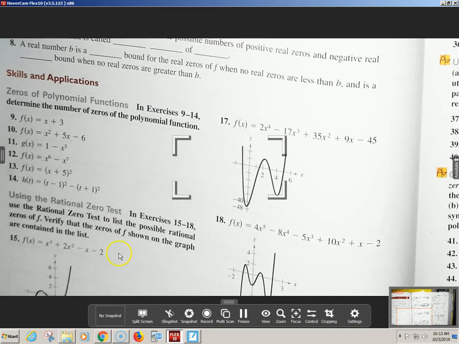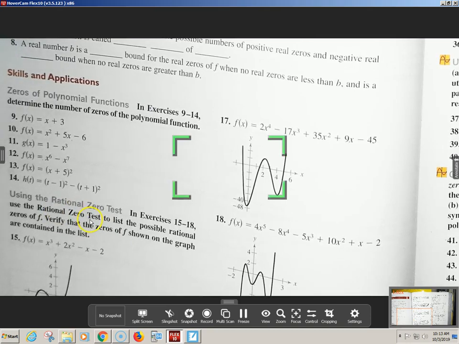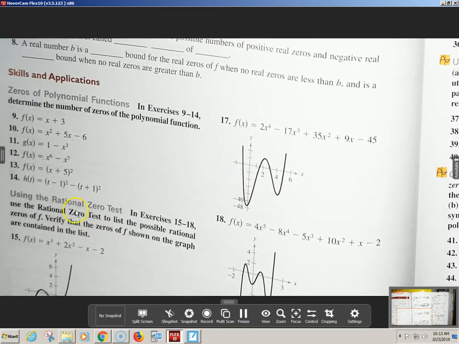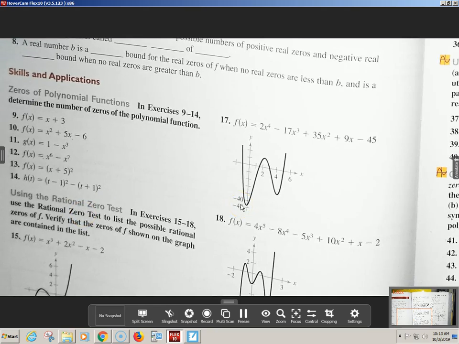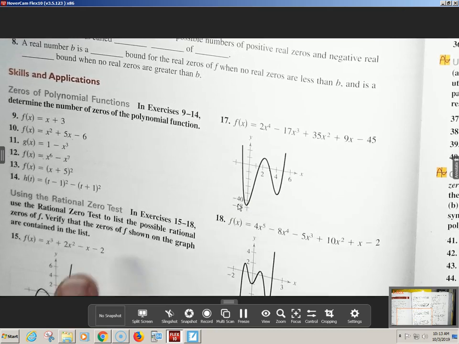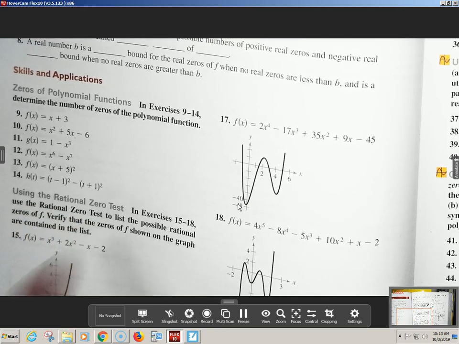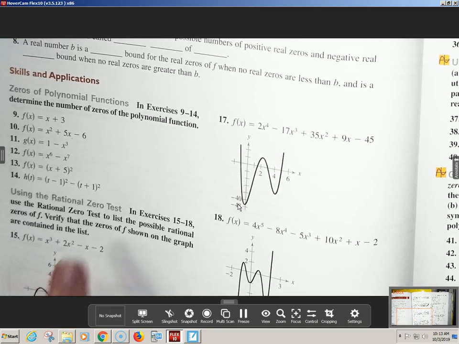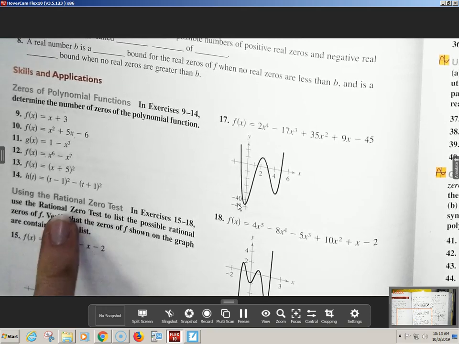And then they go to graphs. If they ask me for zeros on graphs, are they asking me for complex zeros? What kind of zeros are they asking for? The real ones, aka rational, but yes, they're asking for the real ones.